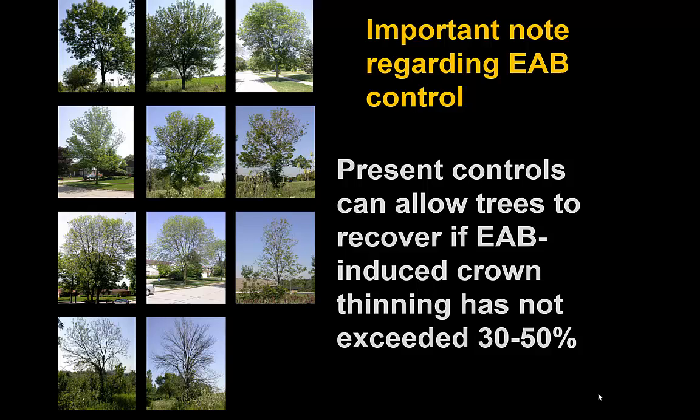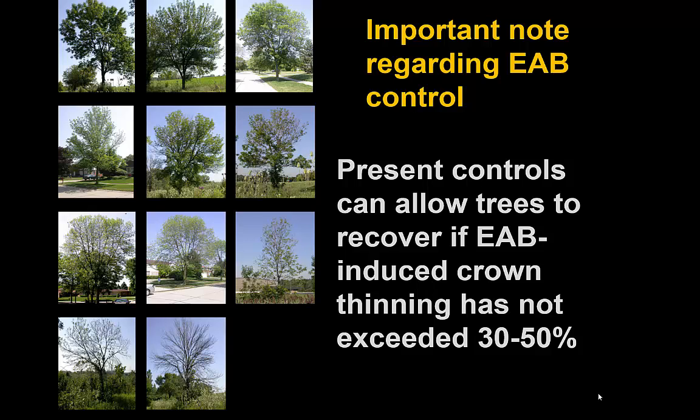So it's not a situation such as, say, Dutch elm disease, where once the plant has been affected by the fungus, the tree will continue to decline and die, and the approach is to prevent that from ever happening, from the tree ever getting infested in the first place. Emerald ash borer works differently. It produces a progressive kind of injury, and the injury is reversible up to a point.